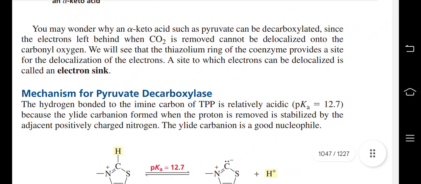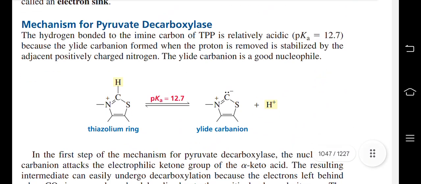You may wonder how an alpha keto acid such as pyruvate can be decarboxylated, since the electrons left behind when CO2 is removed cannot be delocalized onto the carbonyl oxygen. We will see that the thiazolium ring of the coenzyme provides a site for the delocalization of electrons. A site to which electrons can be delocalized is called an electron sink.